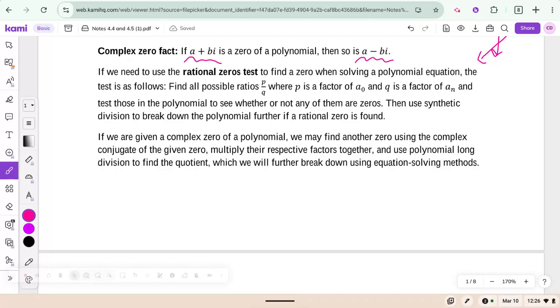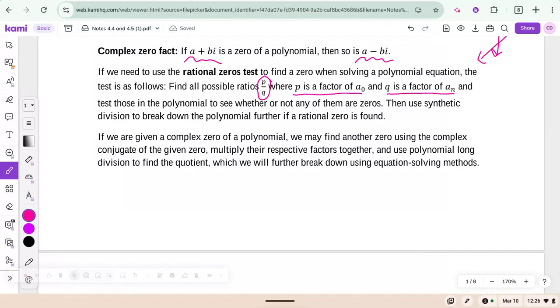If we have just a quadratic or sometimes a cubic or maybe even a quartic function, sometimes factoring can be really nice. But if we can't factor the polynomial, the rational zeros test is a way. Sometimes it can be a little bit long, tedious process, but the idea is to find all possible ratios P over Q, where P is a factor of a sub 0 and Q is a factor of a sub n.